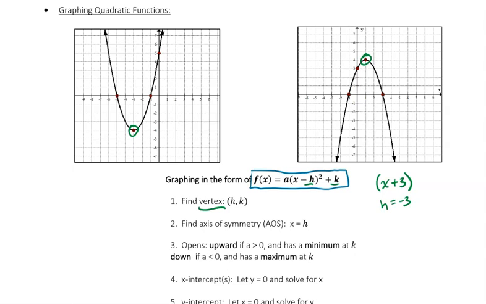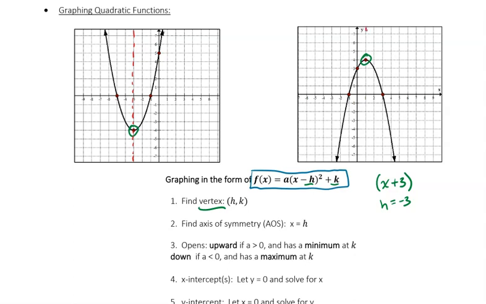The axis of symmetry is a line that splits the parabola in half to where if you fold it over that line, it would match up with itself, right? So for example, on the one on the left, we have an axis of symmetry right here at x equals -3. That's where you could fold it in half and it'd match up.